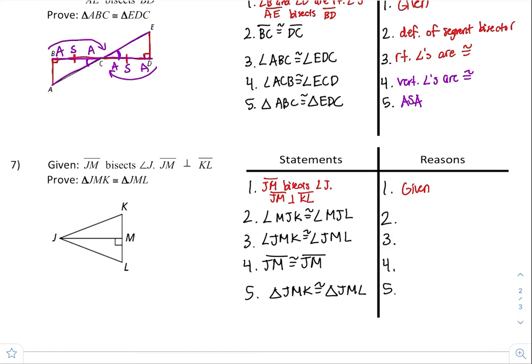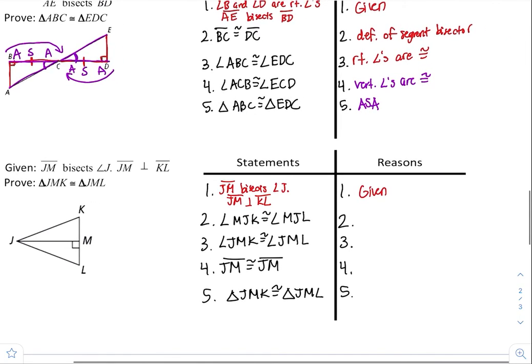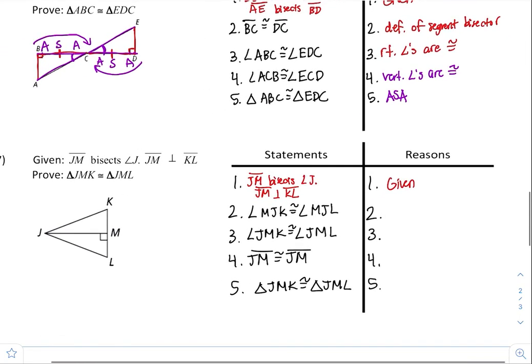So you guys, it says JM bisects angle J. So JM cuts in half angle J into 2 equal pieces. So this angle is going to be congruent to this one, because JM bisects or cuts in half angle J. So angle MJK is congruent to angle MJL.